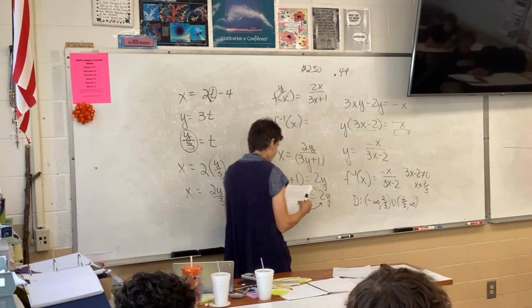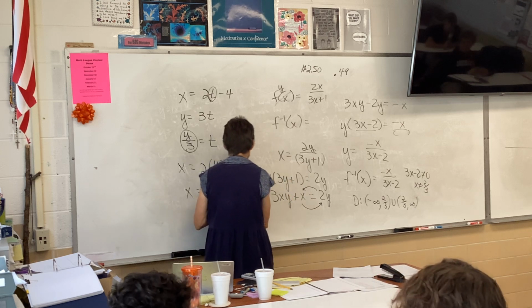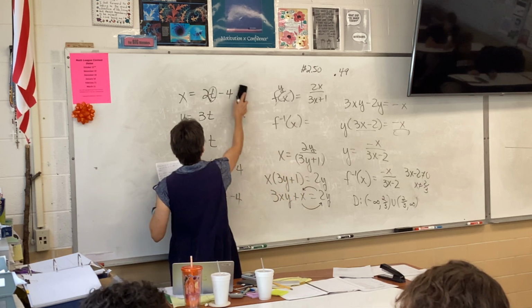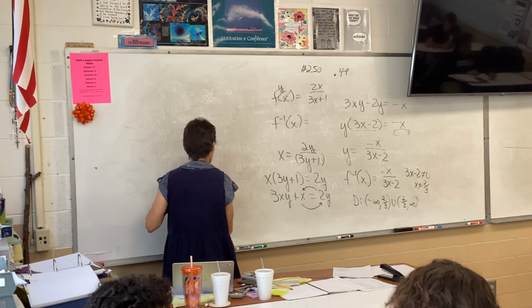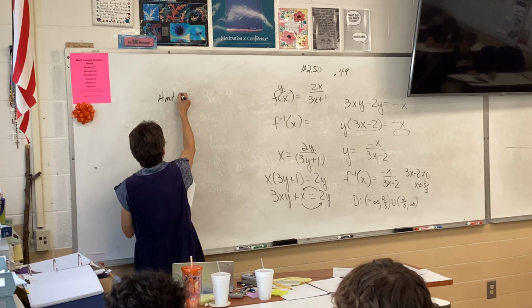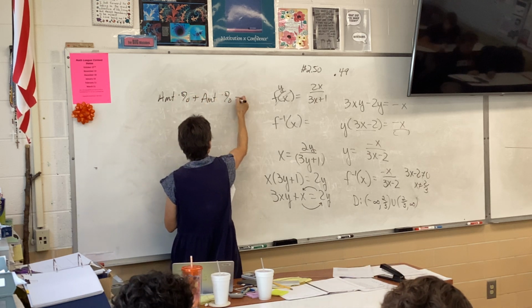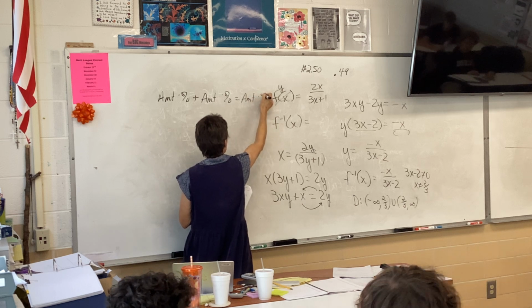Number 8, let's set it up. I'm looking on that same sheet. It's a mixture problem. Even if we don't have time to finish it, let's get it set up.